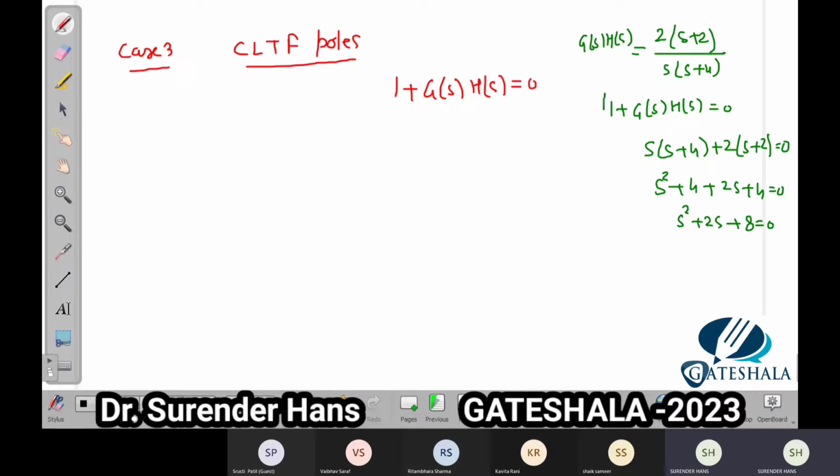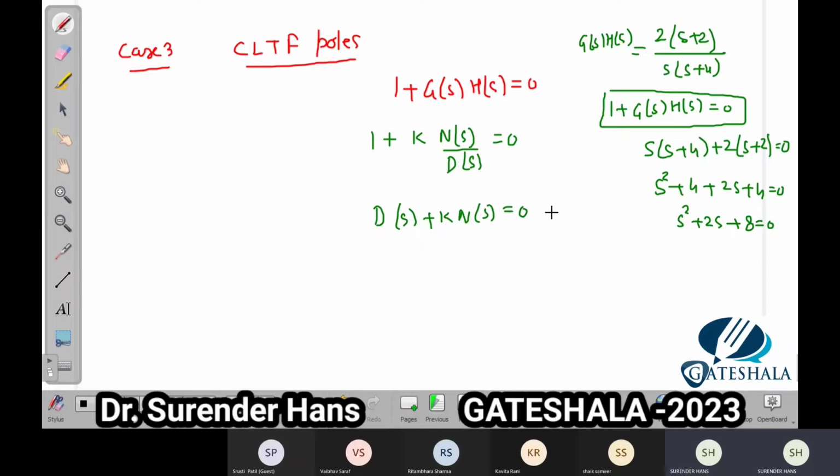So initially who will give me the closed loop poles? 1 plus G(s)H(s) is equal to 0. Clear? So if I put this 1 plus G(s)H(s), that is G(s)H(s) in general, so 1 plus K into N(s) divided by D(s) is equal to 0. Can I write like this? Correct? So now if I set this equation, D(s) plus K N(s) is equal to 0, suppose this is equation number 1.